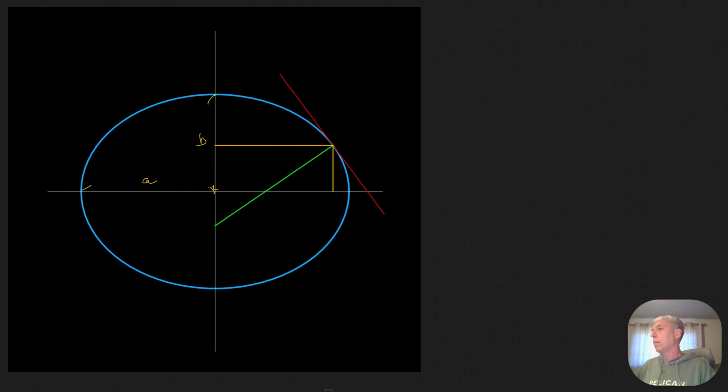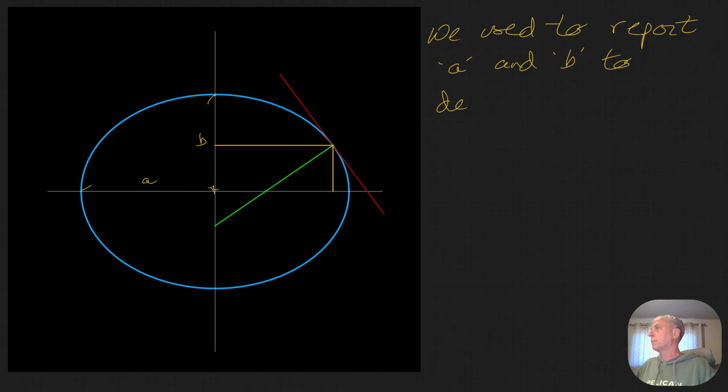So we used to report A and B to define an ellipsoid.